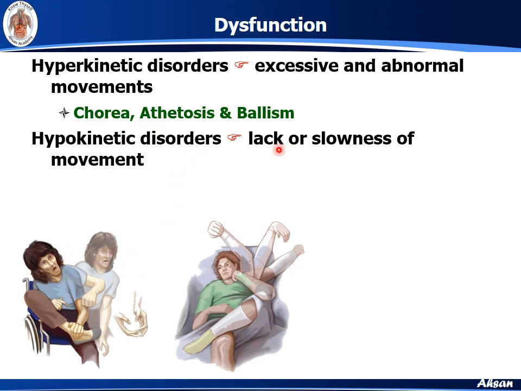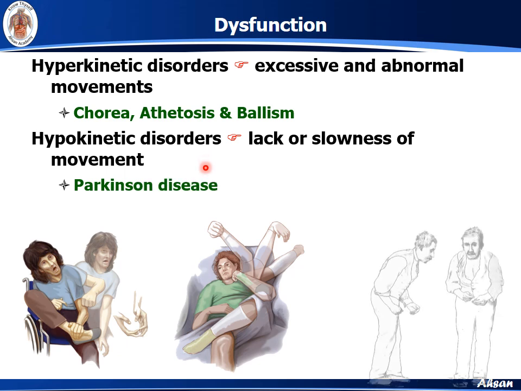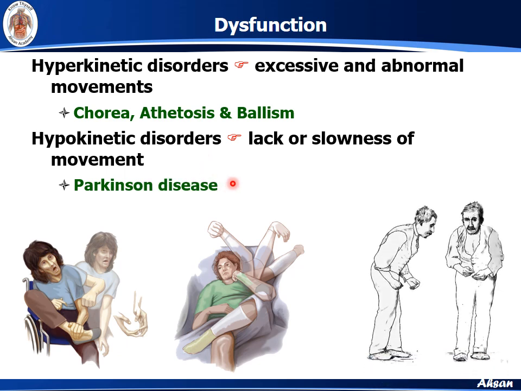The second form is hypokinetic, meaning relative slowness of movement. This hypokinetic disorder is slowness, and hyperkinesis is excessive abnormal movement. The most important example of hypokinesis is Parkinson's disease. In these persons, they have a special type of walking pattern.